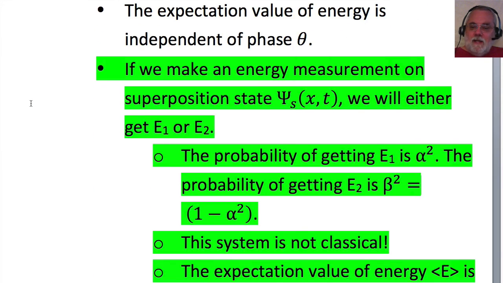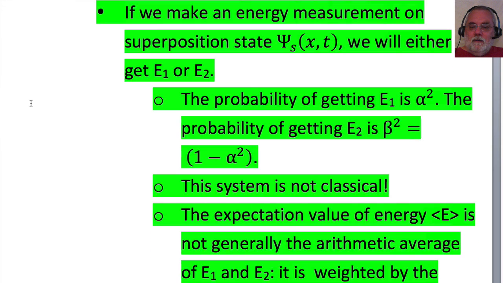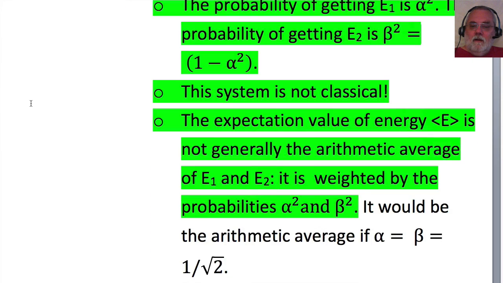This system is not classical. The expectation value of energy is not generally the arithmetic average of E sub 1 and E sub 2. It's weighted by the probabilities alpha squared and beta squared. It would be the arithmetic average only if alpha and beta were equal, being 1 over square root of 2.